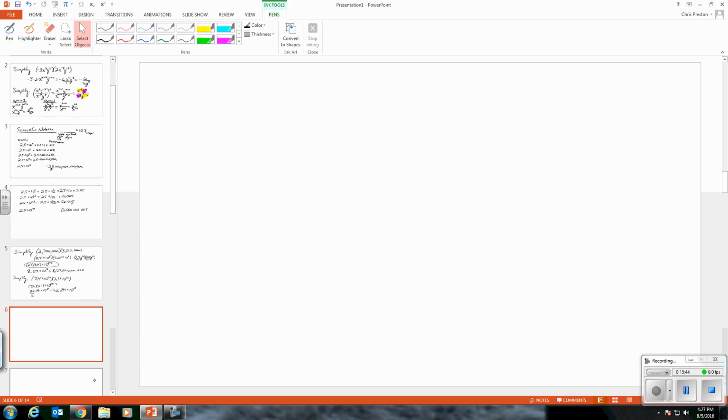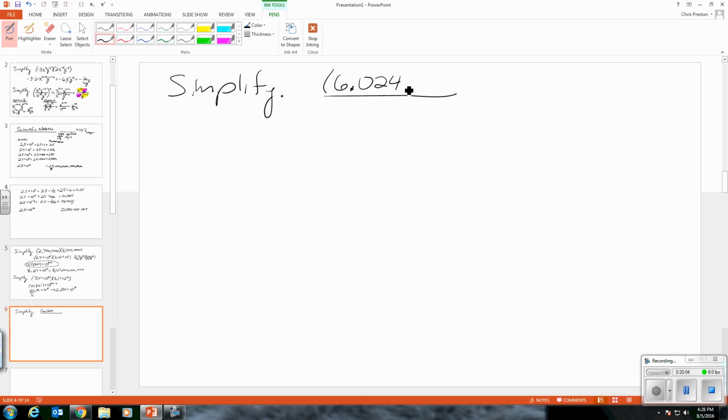And you can also do division with this scientific notation stuff. Let's say we take, oh, I don't know, 6.024 times 10 to the 11th, and we're going to divide that by 3.12 times 10 to the negative 4th.